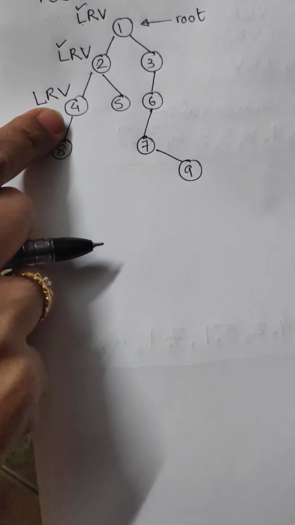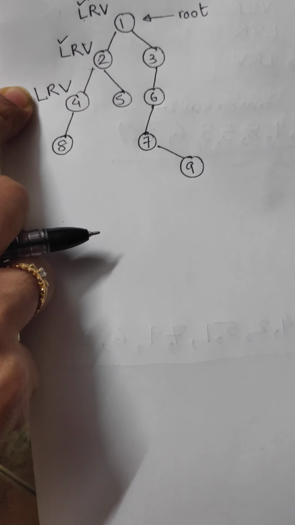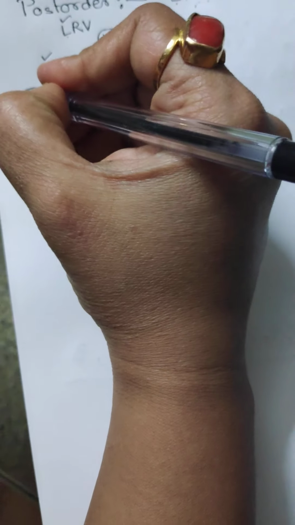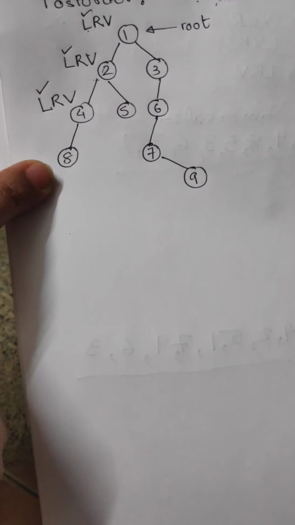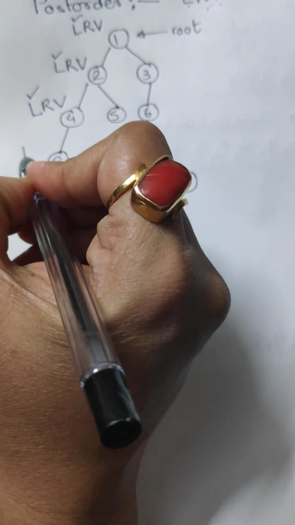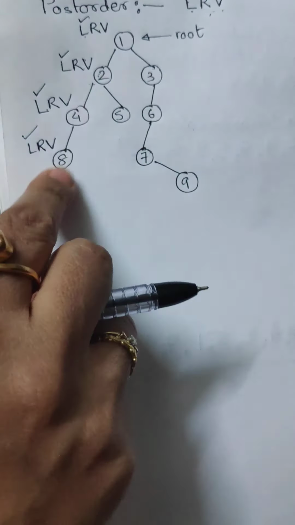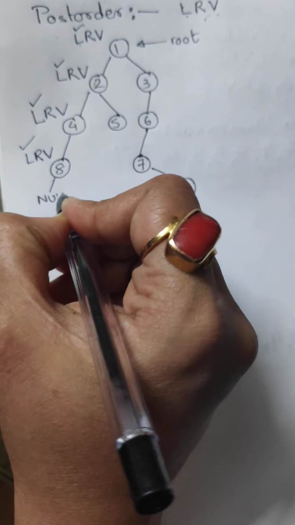LRV on 4, that means first you come to the left child of 4. Left child of 4 is 8. When you come to 8, again you apply LRV. Left side of 8 is null.